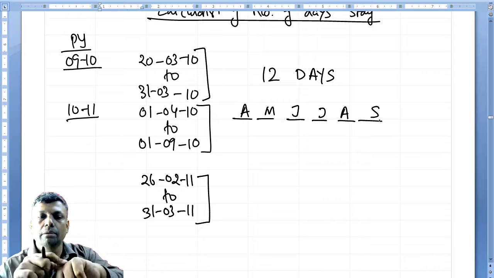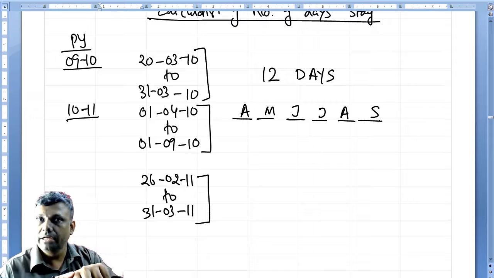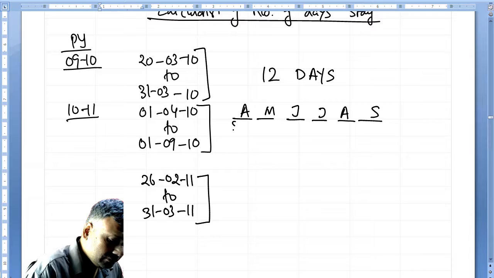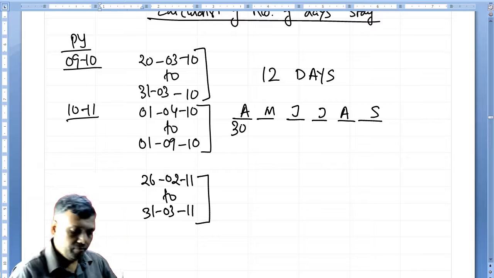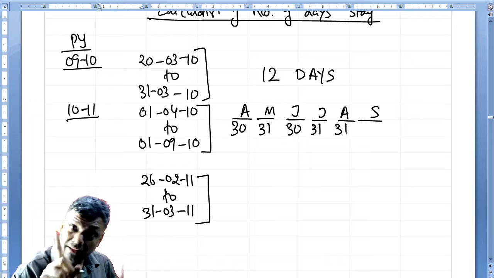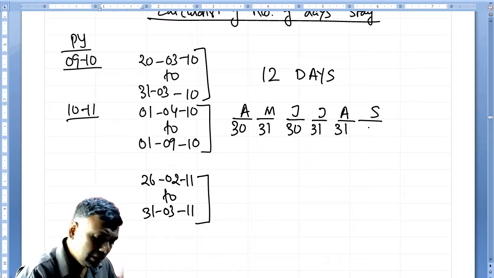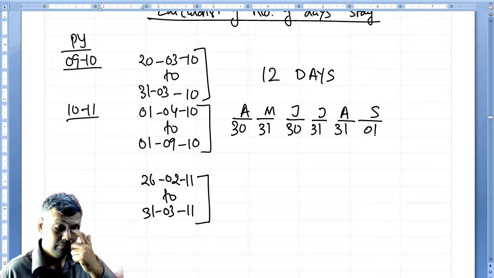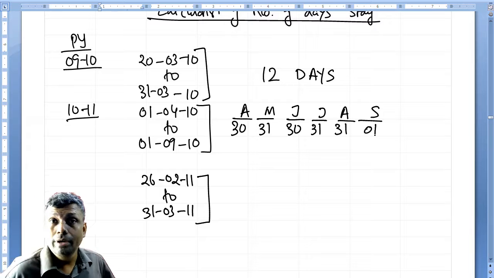See, you can do it on knuckles. January, February, March, April, May, June. If it is a mountain, it is 31 days. Okay. So January, February, March, April. April will be 30 days. Similarly, April 30, May 31, June 30, July 31, August is again 31 and September is only 1 day, because on 1st September he is going to Nepal. Correct.